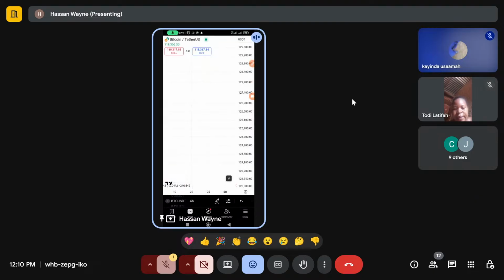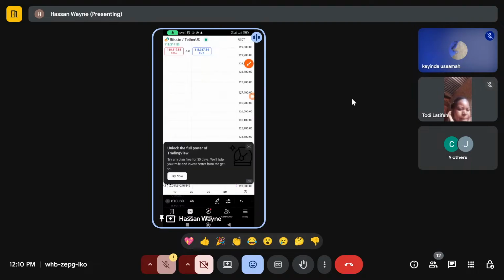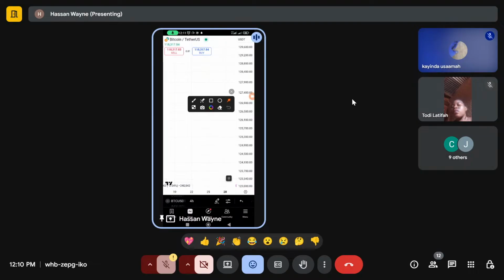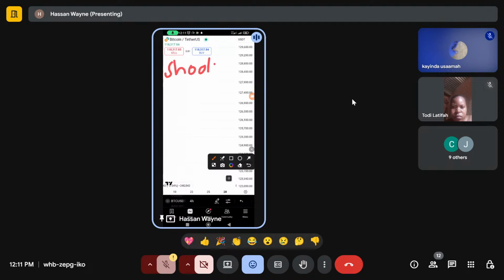Let us start today. Last time we looked at a hammer or hanging man. Now this time around, we are going to look at another candlestick pattern called shooting star, or inverted hammer.